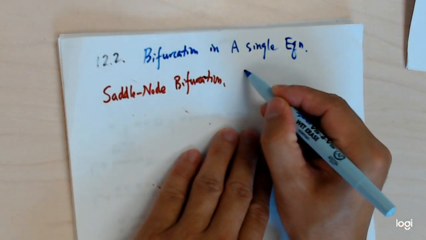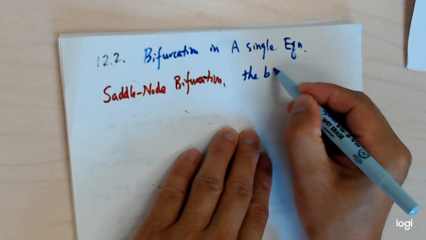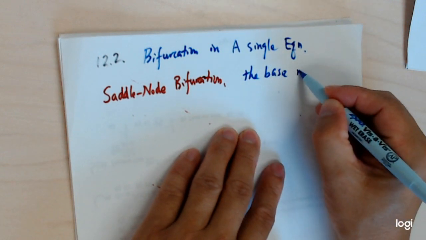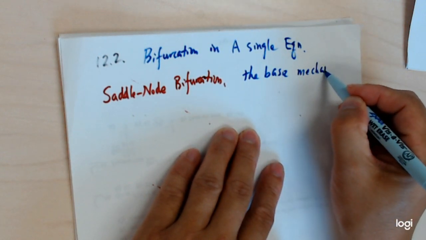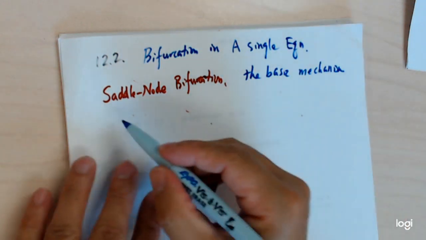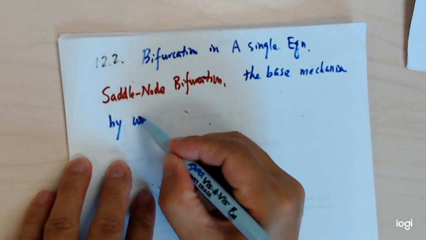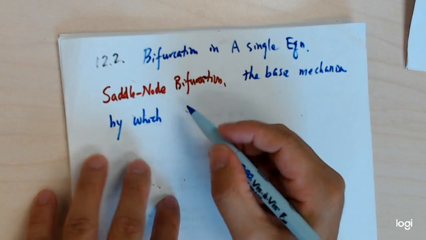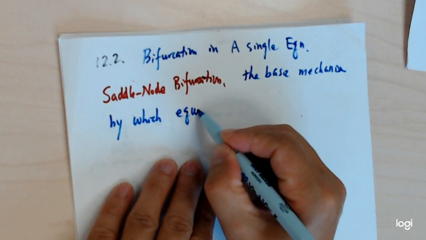This is the basic mechanism by which equilibria are created or destroyed.